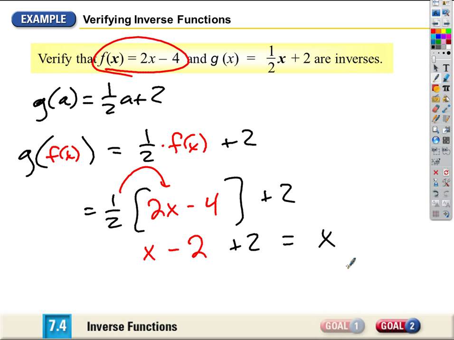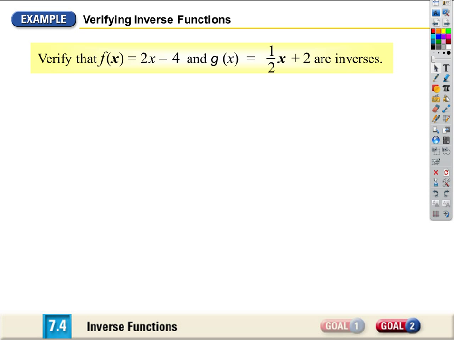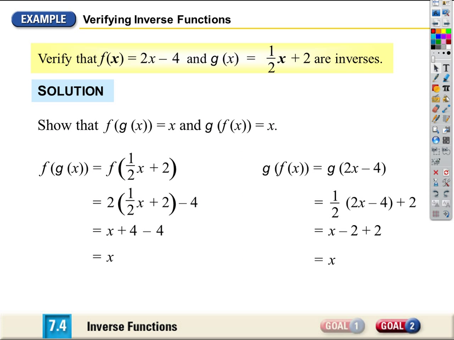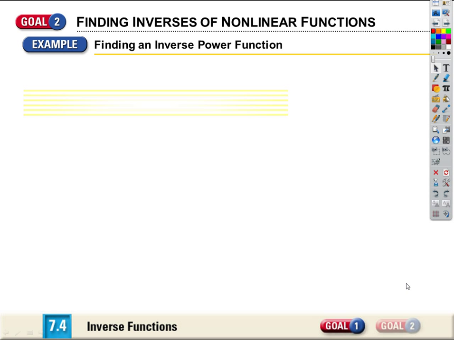X. So it worked, right? So it worked both ways. F of g of x equal to x and g of f of x equal to x, and so we got it. Okay. Just in summary, that's what we did. Both times f of g of x gave us x, g of f of x gave us x, and so they are inverses.